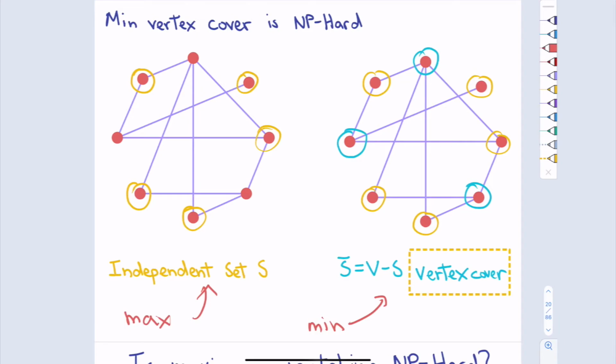For the minimum vertex cover problem, it seems very similar to the minimum dominating set problem. It almost seems like the same. Do you remember the definition of dominating set? Every single vertex in the graph either has to be in the dominating set or adjacent to a vertex in the dominating set.